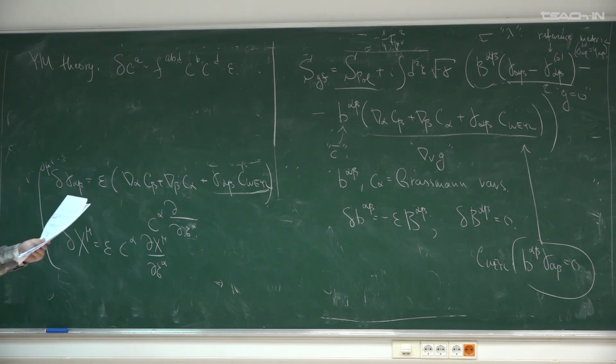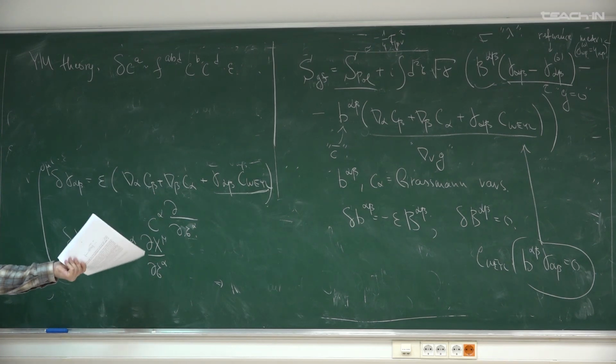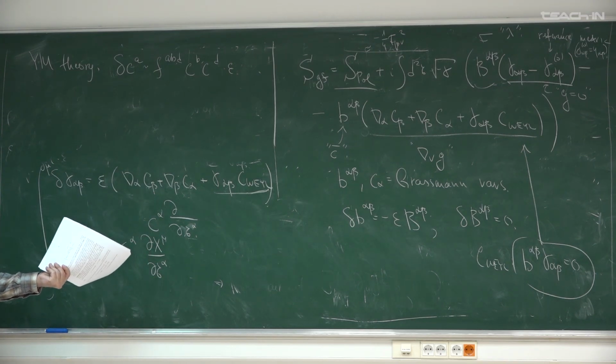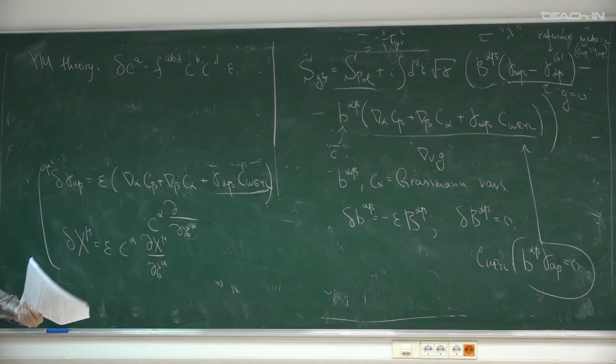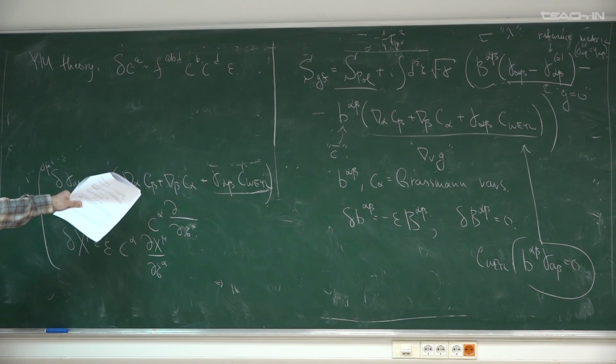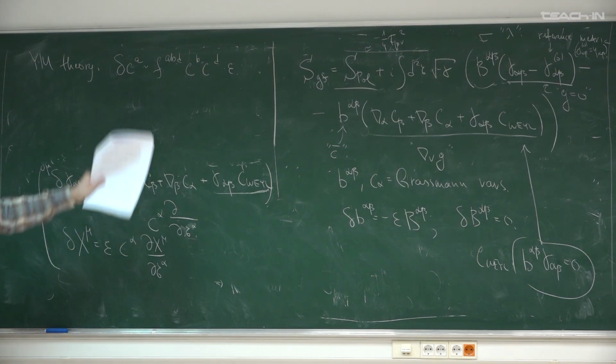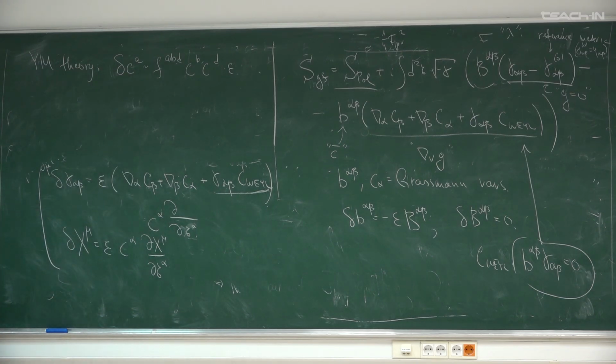So here, since we have a group of diffeomorphisms, it's a non-abelian group. Two vector fields do not commute in general. So we expect that the variation of C will be something quadratic in C involving the structure constants. But we can derive that using nilpotency.